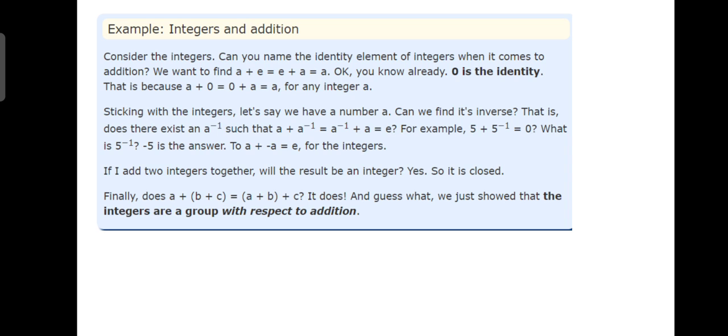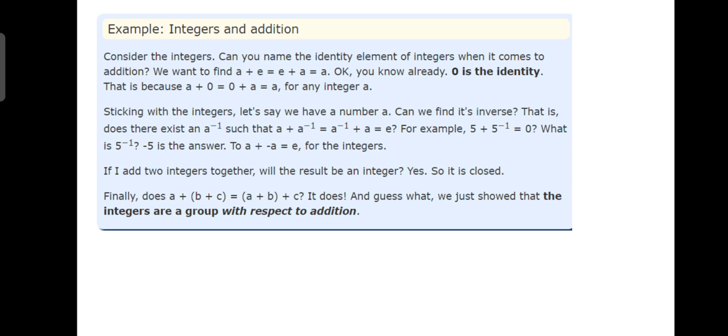Next is existence of inverse. So we need to find the inverse of each element. Generally, we say a plus a inverse, which equals a inverse plus a, should be the identity. Here identity is 0. So what should be the number which is added to any number so that we get 0? It should be the negative of the number. So the inverse of any number will be minus of that number. So the inverse of 5 should be minus 5, the inverse of 6 should be minus 6.